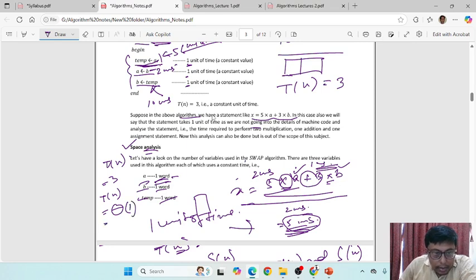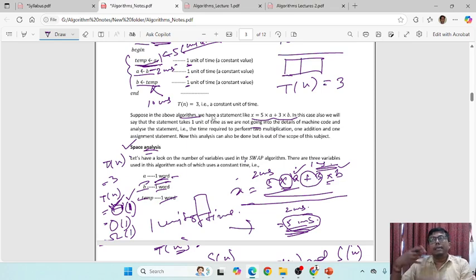We can also write big O of 1 or big omega of 1. Any of these three will do, but better you write the tighter bound, that is theta. In terms of theta, you write big theta of 1. And why 1? Because this is a constant time. Tn is taking a constant time, and a constant is represented by 1.